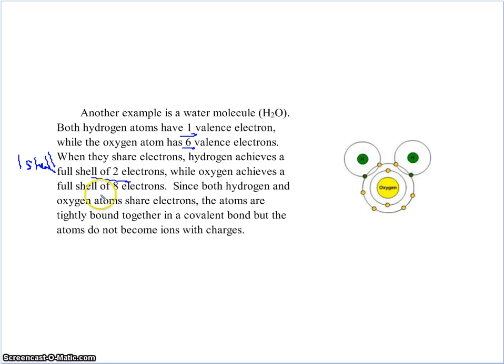While oxygen achieves a full shell of 8 electrons. Since both hydrogen and oxygen atoms share electrons, the atoms are tightly bound together in a covalent bond, but the atoms do not become ions. So the atoms are bound together, but if I had another H2O here, these intermolecular forces would be weak. So that's why it's a liquid at room temperature.